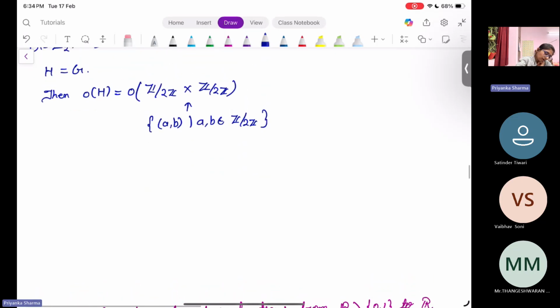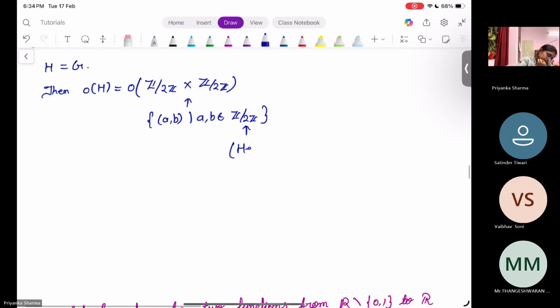Now, what is the order of this group? How many elements are there in Z over 2Z? Only two? Z over 2Z is actually the collection of 0 plus 2Z and 1 plus 2Z.